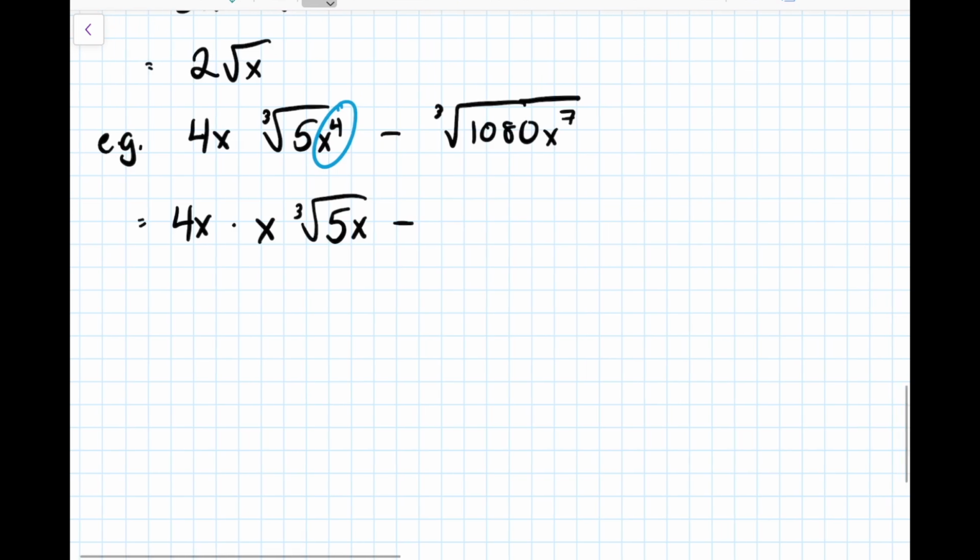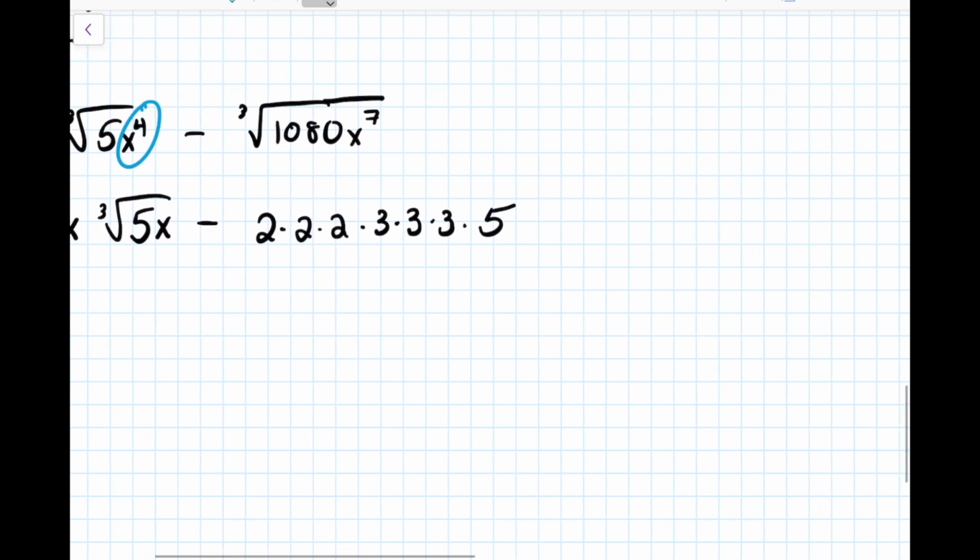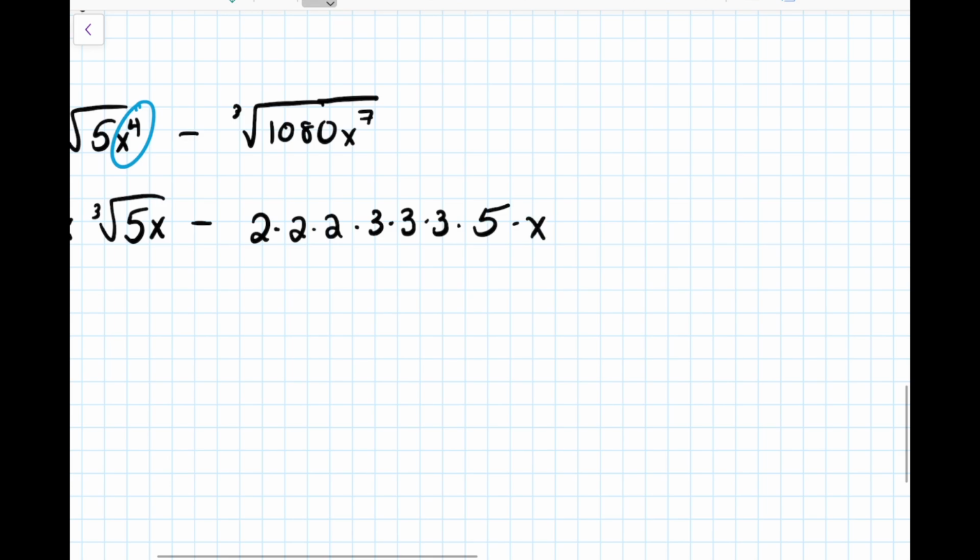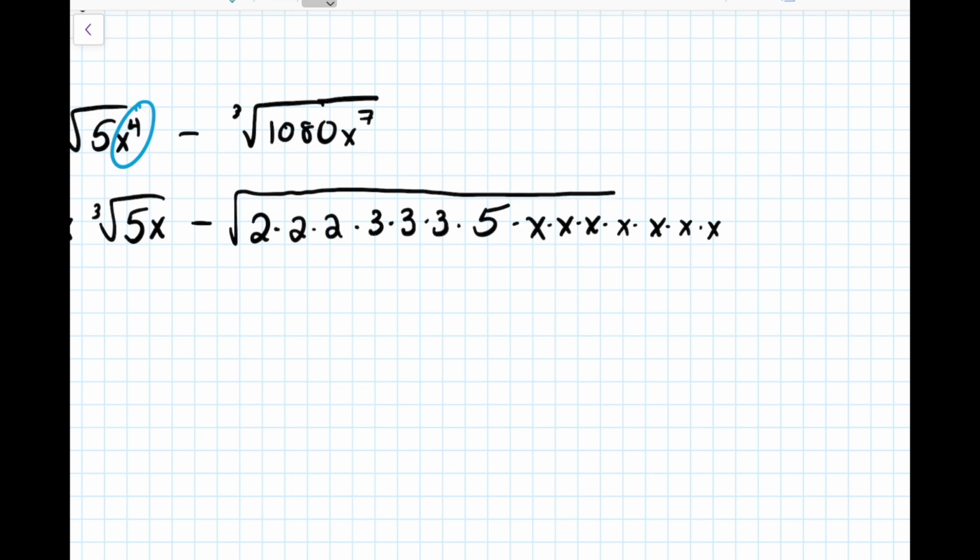The 1080 is going to break down into a whole bunch of stuff. So that's going to be 3 2s, 3 3s, and a 5. And then x to the power of 7 is going to be 7 x's. And all of that is in my cube root.